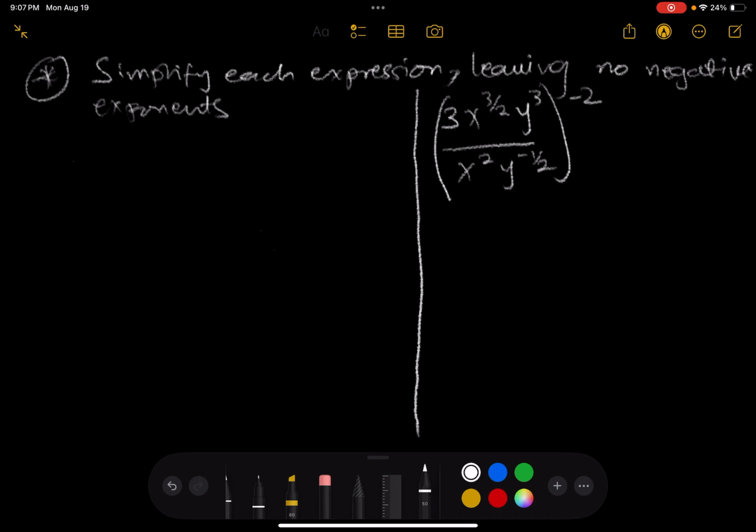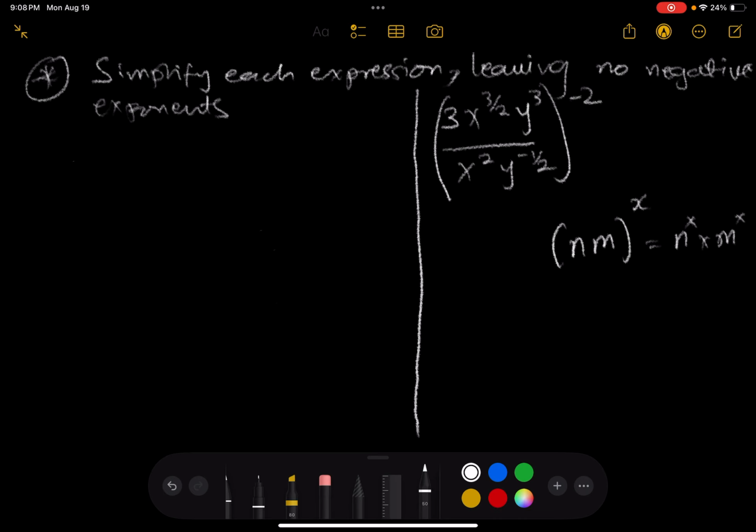What we will do is start off by remembering what we said earlier, that if you had, say, nm to the power of x, it is the same thing as n to the power of x times m to the power of x.